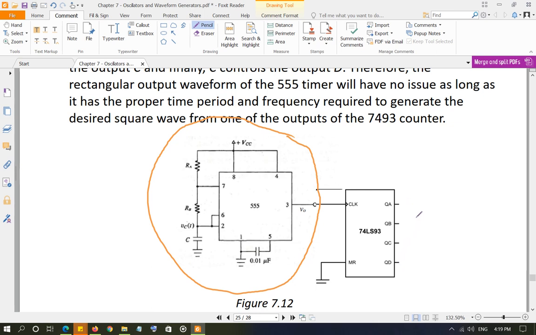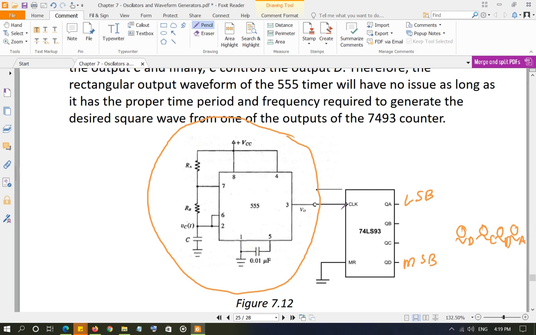The most significant bit will be QB in that case, and the least significant is QA. This is the least significant bit right here, LSB, and this is the most significant bit. So if your counter is 4-bit, then you have QD, QC, QB, and QA, most significant to least significant.